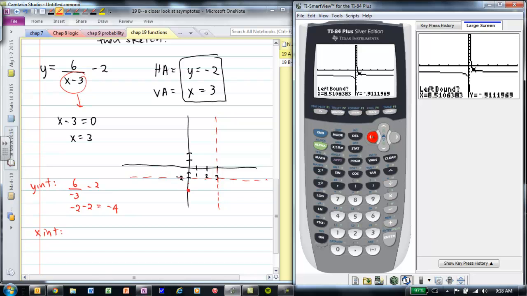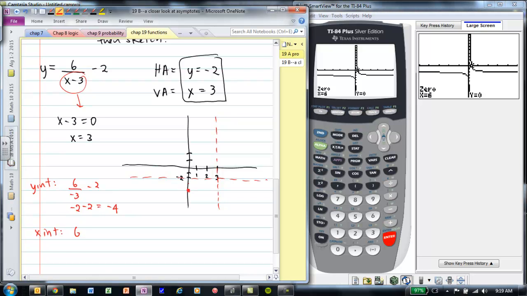And so we need our left bound and right bound. So slightly above, slightly below, right in the middle. And it tells us that our x-intercept is 6. Alright, so 1, 2, 3, there's 6.